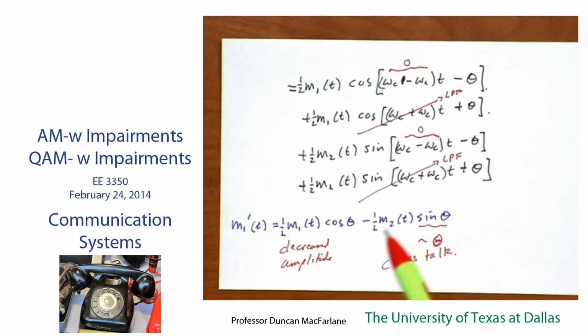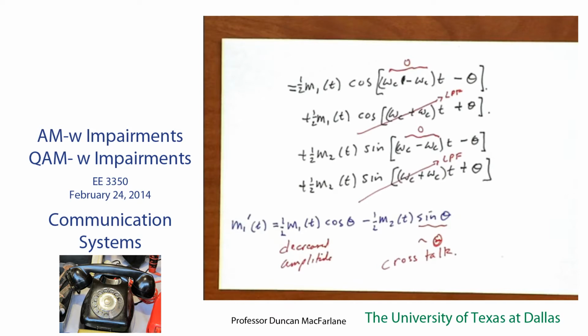So instead of one person talking softer, then louder, then softer, somebody else is speaking louder, then softer. You're switching back and forth between the two channels. If theta is changing, as it would be in a time-varying system, then I'm hearing M1, then M2, then M1, then M2. So these are some of the impairments that can come out.